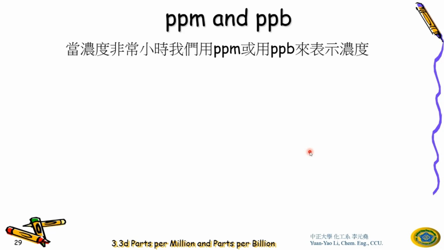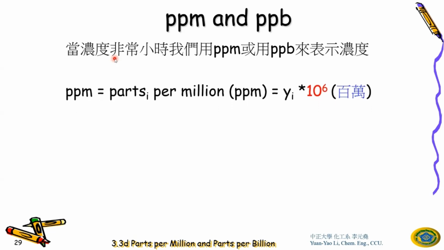For example, if you have a very, very small amount of something in a solution, you use ppm or ppb. ppm stands for parts per million, so it's Yi times what? 10 to the 6.